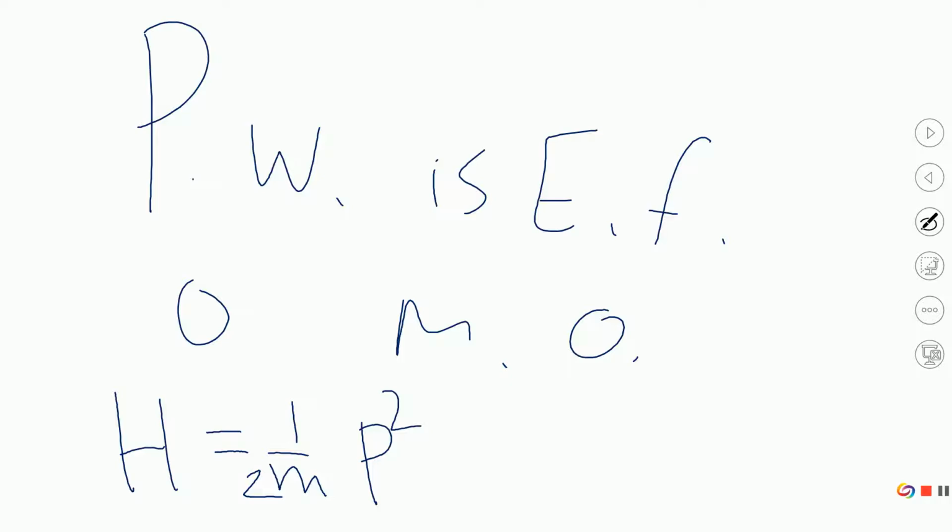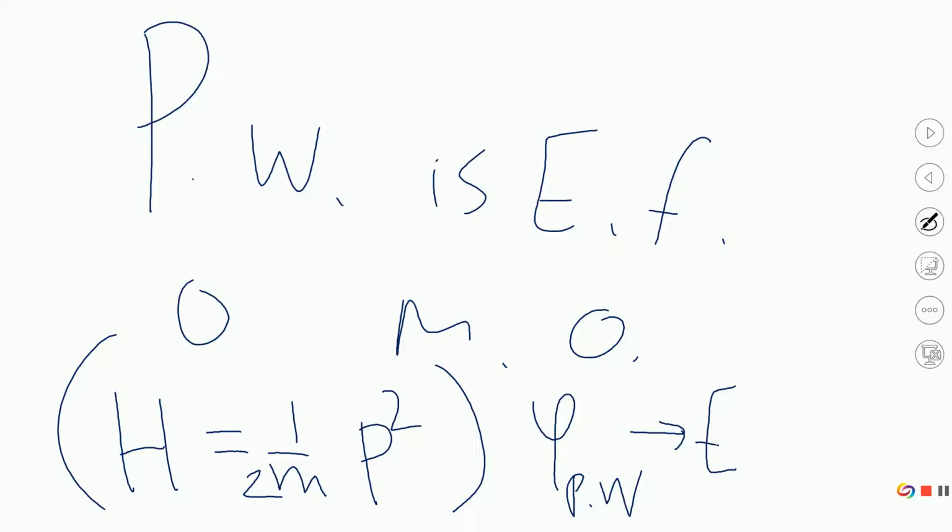If we act with this Hamiltonian onto the wave function which is a plane wave, we will get some eigenvalue times the same plane wave. Right now it is a hypothesis, but it is very natural, and we can check it.